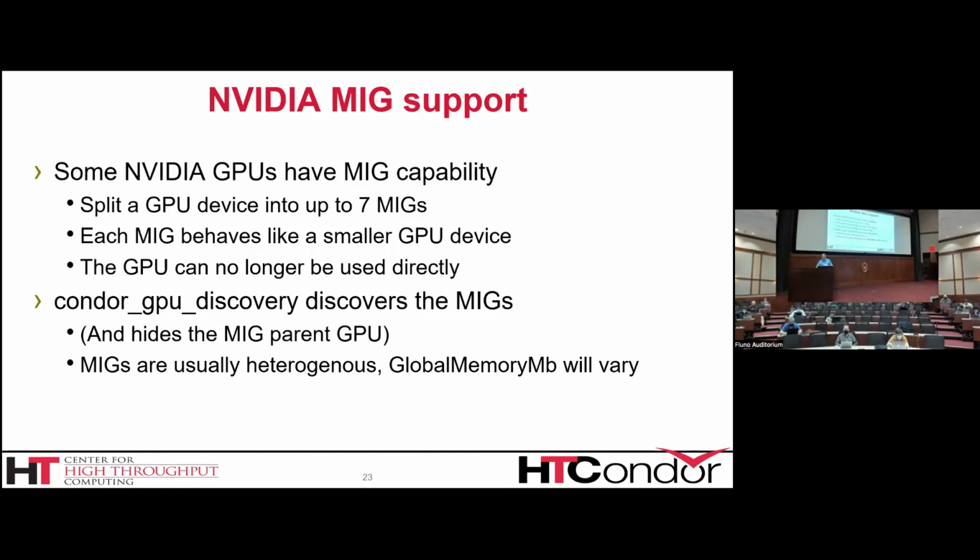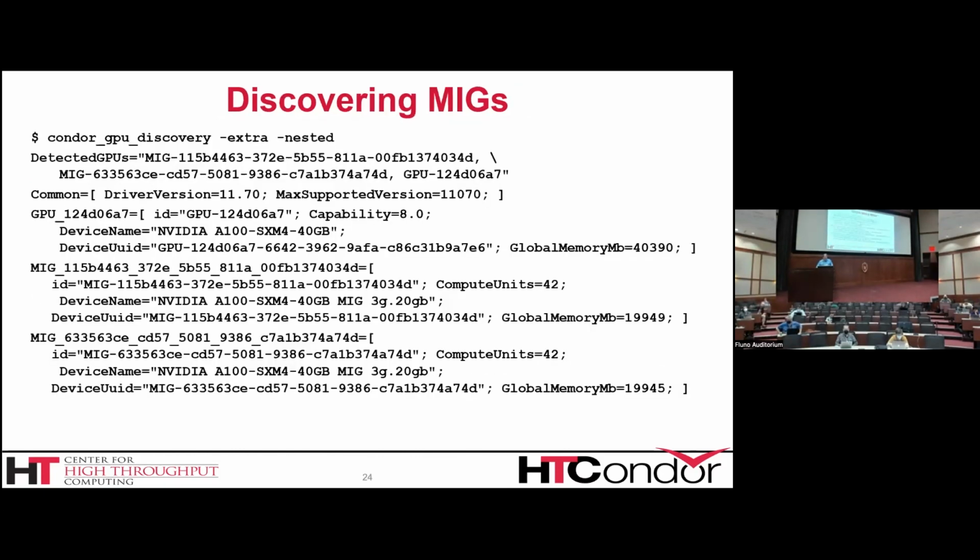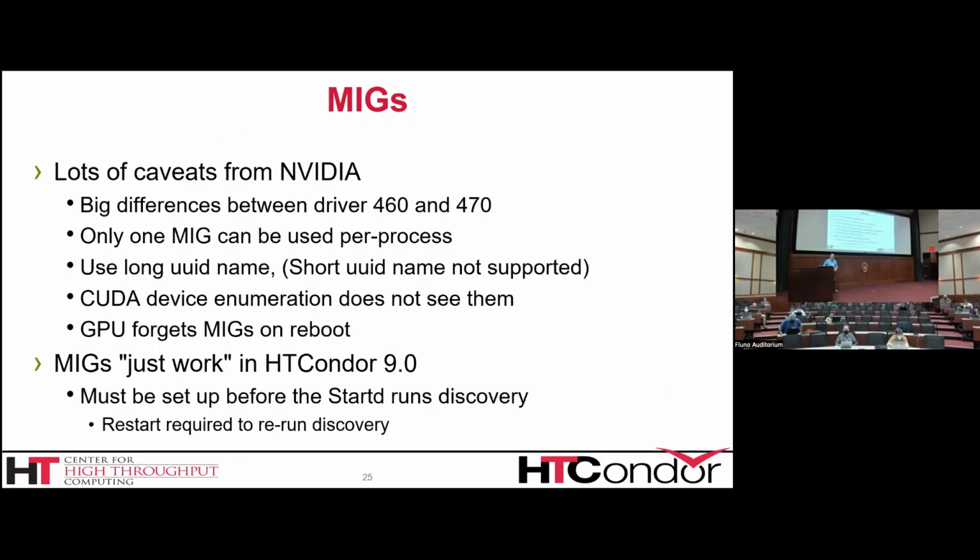The other problem, however, with MIGs, actually, let me go ahead and talk about that. The other problem with MIGs is it's a work in progress. There's a bunch of things that just don't work right in the NVIDIA libraries with MIGs. In particular, you cannot have more than one GPU at a time if you're using MIGs, right? So in the normal NVIDIA CUDA library, I can say, I want to use CUDA 1 and CUDA 2, and my job can run on both of those.